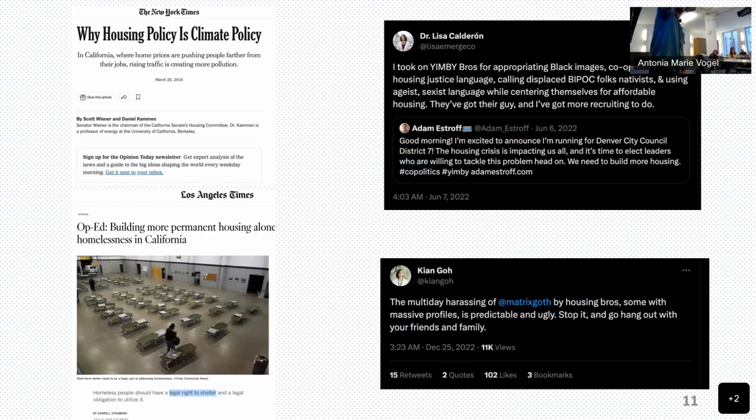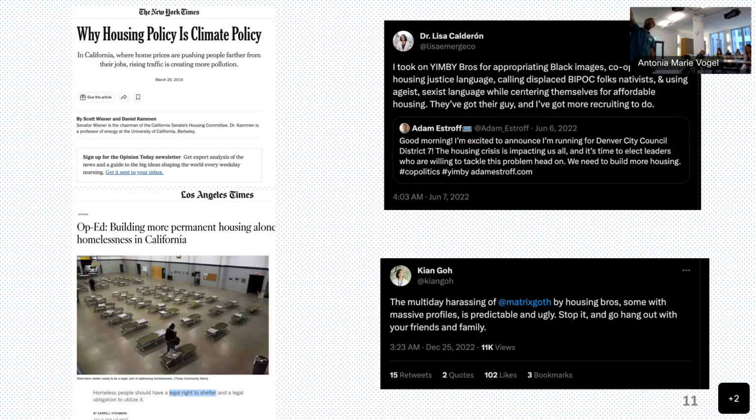So this is one of the most influential, Scott Wiener, California politician promoting pro-supply policies, deregulating single-family zoning across California with a New York Times op-ed, also homeless shelter, subsidizing folks challenging the discourse on Twitter.